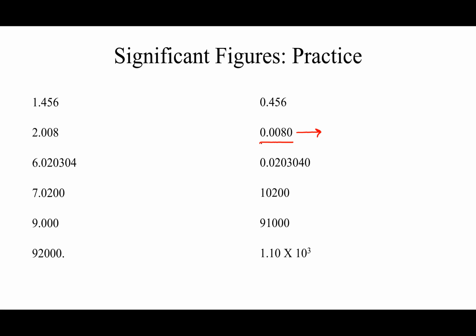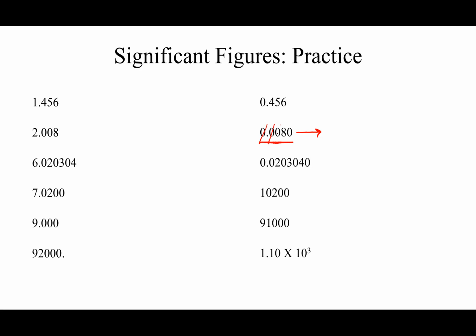Rule number 1, can we apply rule number 1 to this? Yes, we can, because it says the number is less than 1. So yes, this number is less than 1. Now we look at the next sentence of rule number 1, which says all the zeros before your first non-zero digit are not significant. Let's find out how many zeros you have before your first non-zero digit.